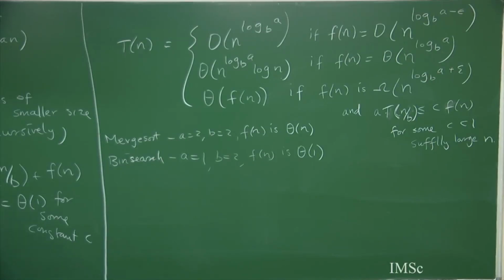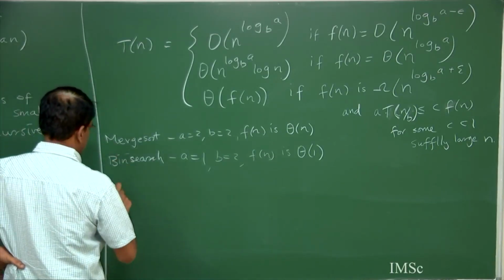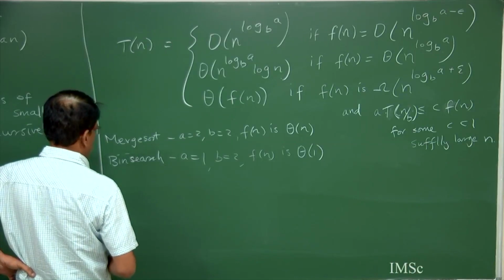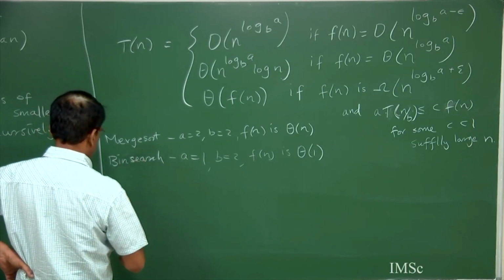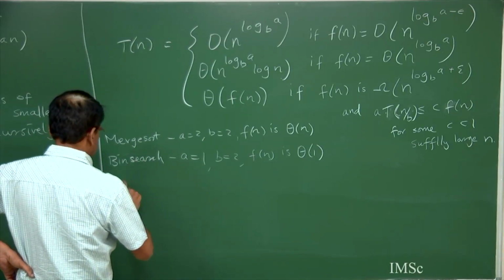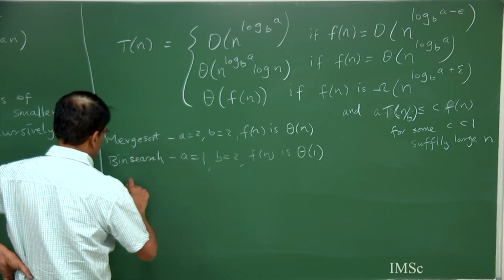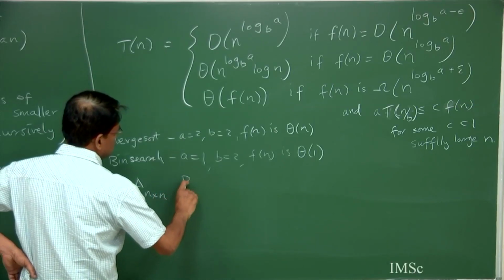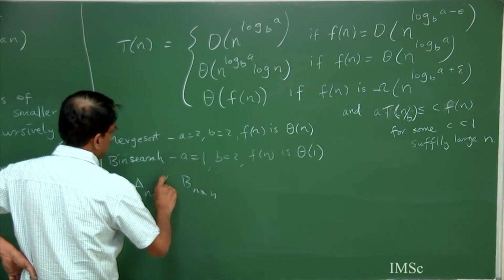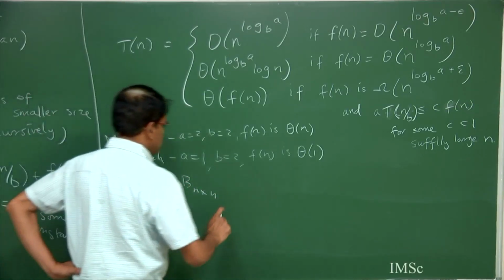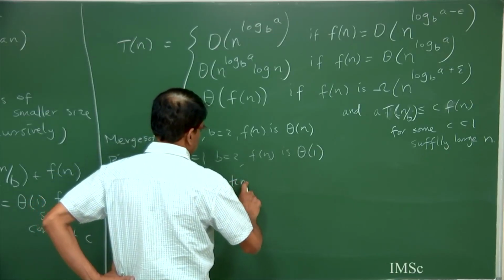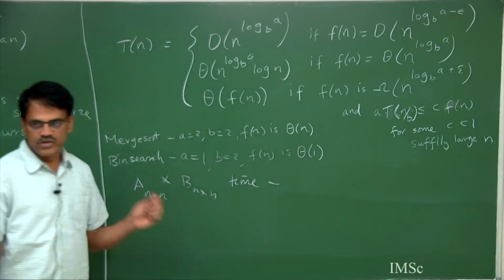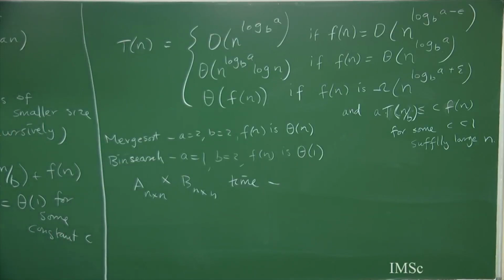So, let us look at Strassen's matrix multiplication. I will not tell you how it works, but generally I want to multiply two n by n matrices. Okay. So I have an A which is an n by n matrix, B an n by n matrix, and I want to compute A B. The standard high school multiplication which you learn, how much time does it take?